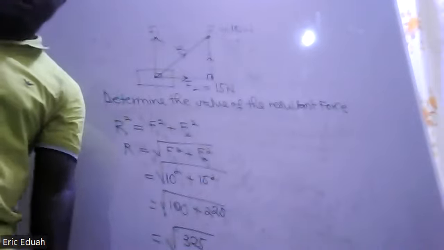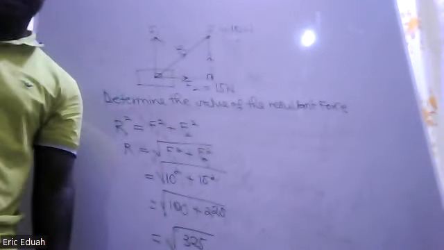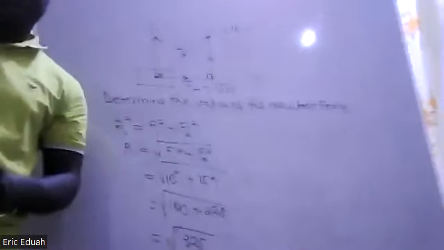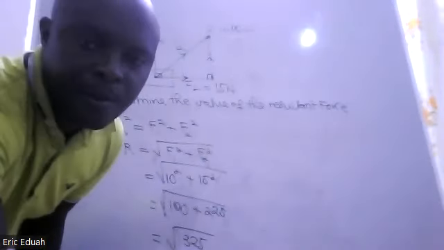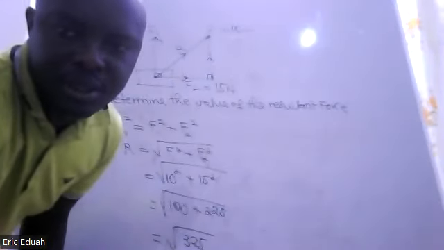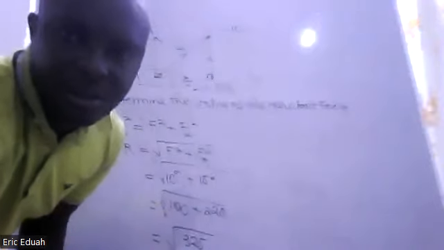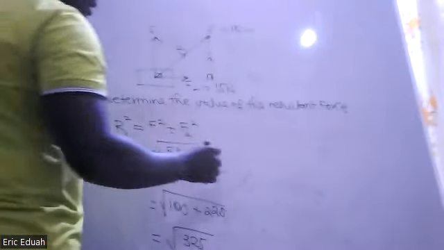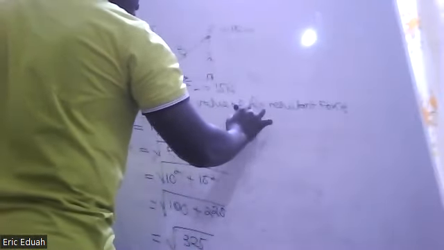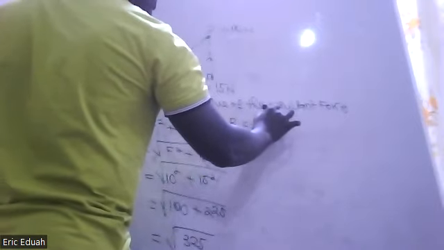And what's the square root of 325? 18.03. Okay. R is equal to 18.03.